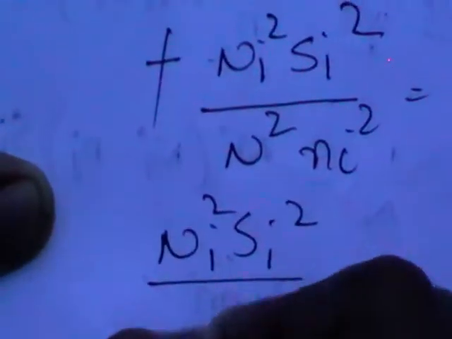As I said, you are going to find the expression for Ni, so let us take all the terms to the RHS except Ni. You will get minus Ni square Si square by n square Ni square is equal to minus lambda. Minus cancels, and you will get Ni square Si square by n square Ni square is equal to lambda.